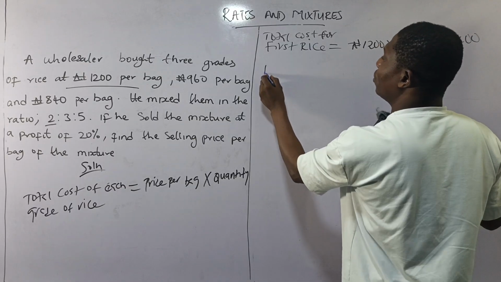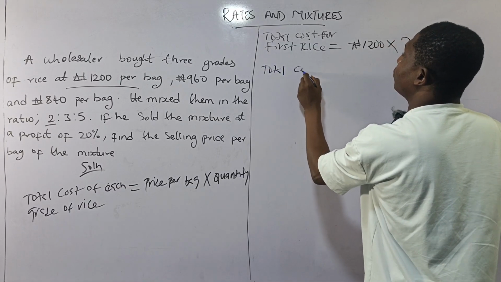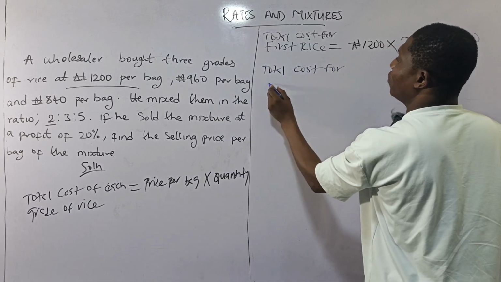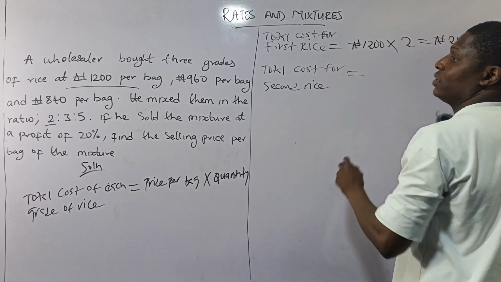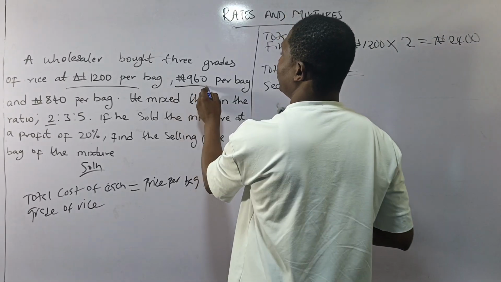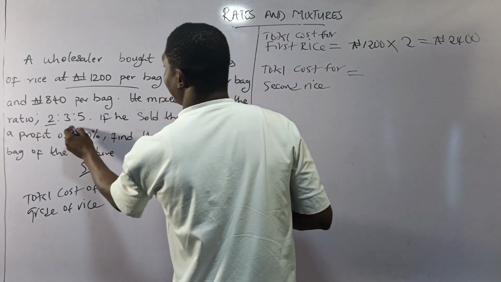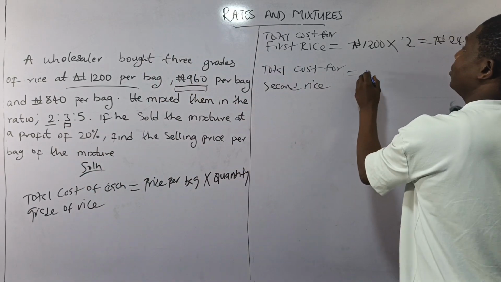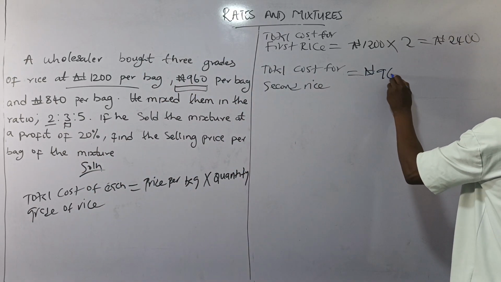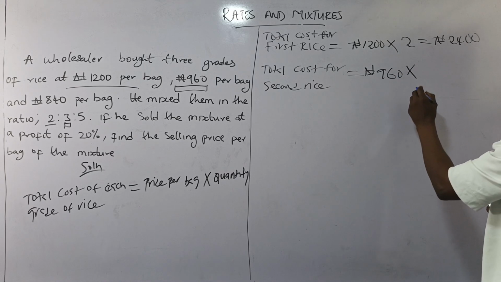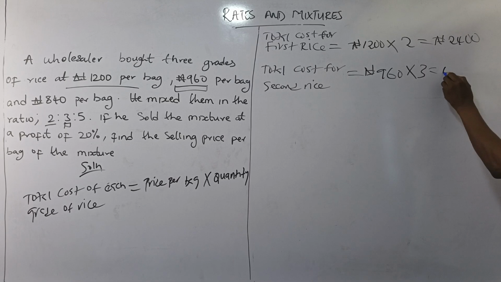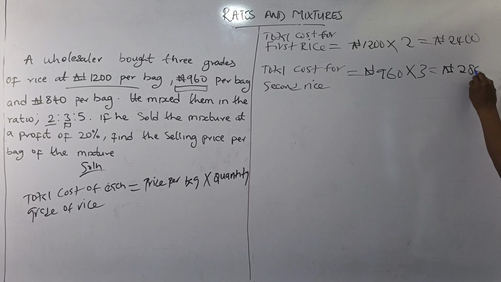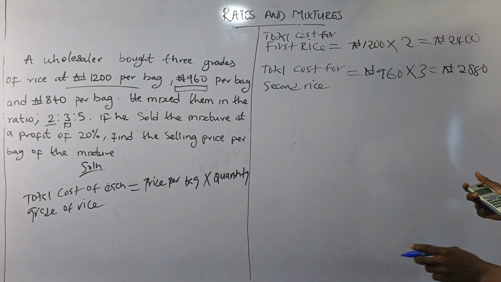Now for the second, total cost for the second rice, which is the second grade of rice. This is the cost, and this is the quantity. So I have 960 times 3, which gives us 2,880 naira.